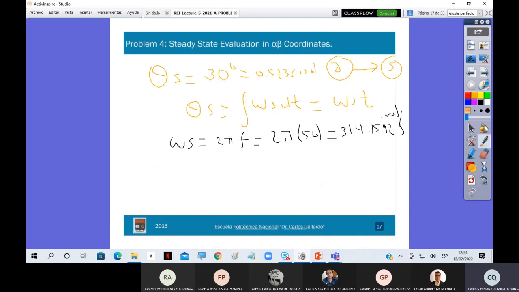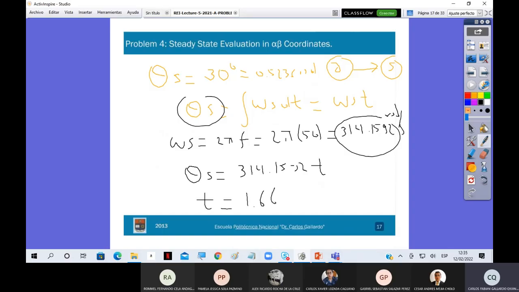So replacing in this equation, theta S is equal to 314.1592 times t. Therefore, let's compute the time. Solving for t in this equation, I will get the time equal to 1.66 milliseconds.